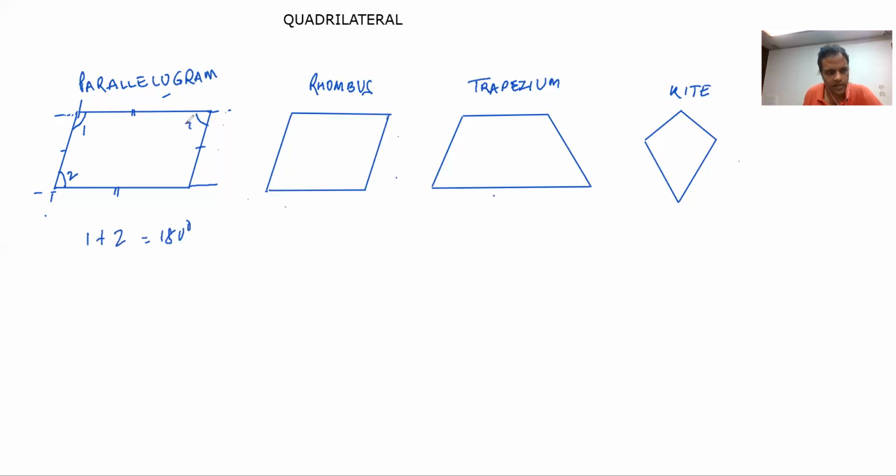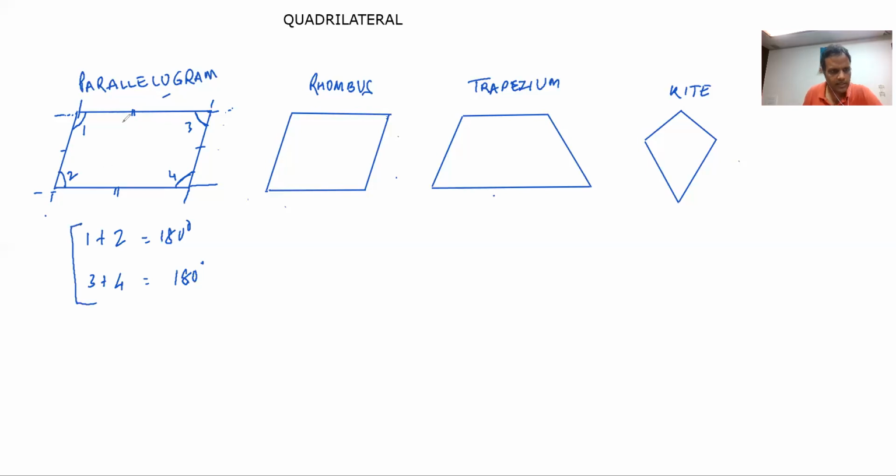Similarly, if this is angle 3 and this is angle 4, then 3 plus 4 is equal to 180. This is what we studied last year in class 7, that if there are two parallel lines and one transversal line crossing both of them, then the internal angles, the sum is 180.